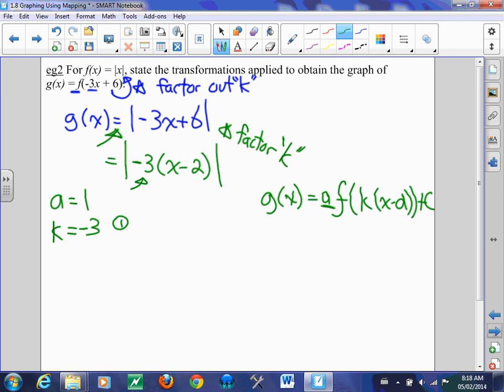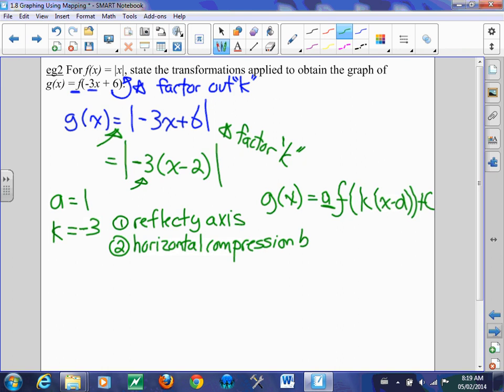That tells us a couple things. One, it tells us that it's going to reflect in the y-axis. Okay, and number 2, because it's 3, don't forget to put it in the factor, the 1 over absolute value of k. So you're going to have a horizontal compression by a factor of 1 over 3. Okay, remember the absolute value, so the negative disappears.